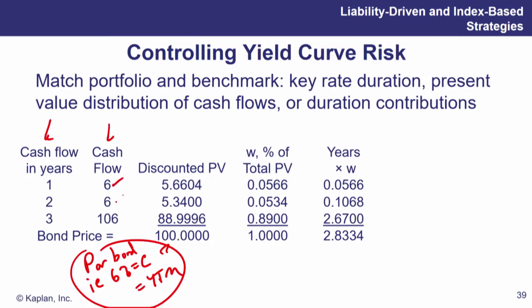So we get the 6, and the par plus the last 6 coupon. At 6%, we discount it to present value, we add them up, that's called the price of the bond. And because it was a par bond, we knew it was going to come out to 6. But if we hadn't known, we could come up with the price.